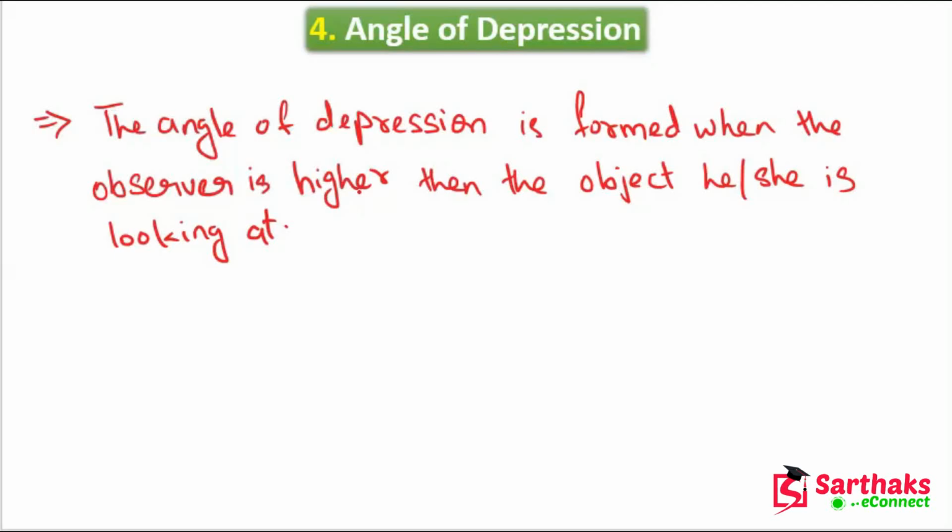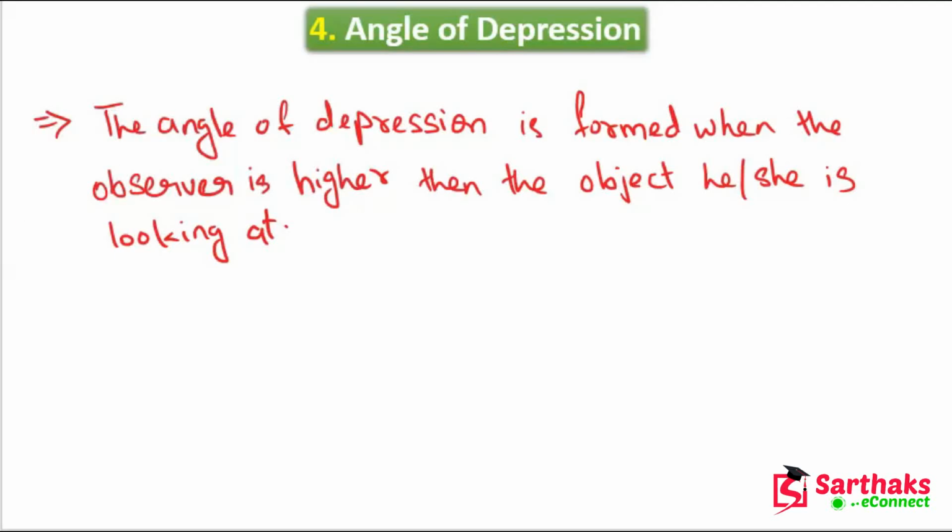Whereas the angle of elevation is the angle formed if a person stands on the ground and looks at an object kept above the ground at a height. So there is a difference between angle of depression and angle of elevation.